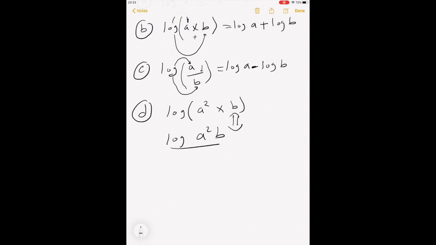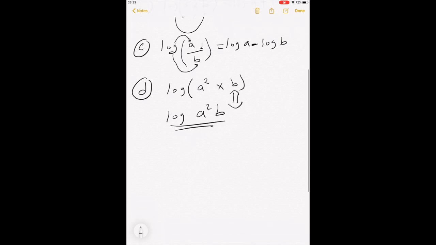You need to know that it is exactly the same thing, because that helps you to simplify it. Again the same thing, if you put a bracket, it just helps you to get it correctly. So you get the 2 log a here. This is multiplication, that means I get a positive sign, plus log b.